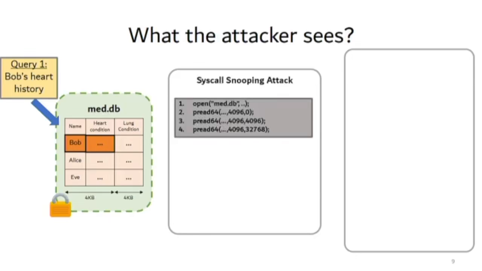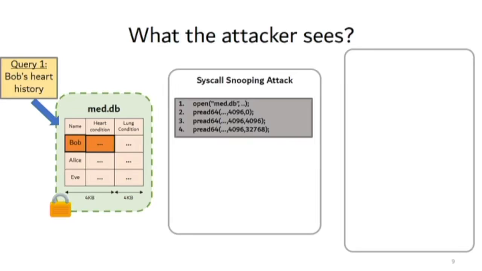So let's suppose that we do a Syscall based attack, which is for the native file system. In this scenario, you can see that the attacker already knows that this enclave tried to access this database, which is med.db, and tried to read these three offsets. Now the first two, lines 2 and 3, simply correspond to metadata that is always accessed whenever a SQLite database starts.